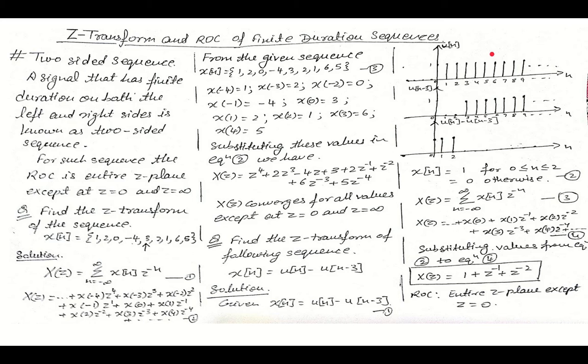That means my unit step sequence is given as u[n] equal to 1 for n greater than or equal to 0, and 0 otherwise. Now if I put u[n minus 3], it means that there is a shift of 3 positions. So this 0 will shift towards the right, to 3, and all the values will shift to the right.